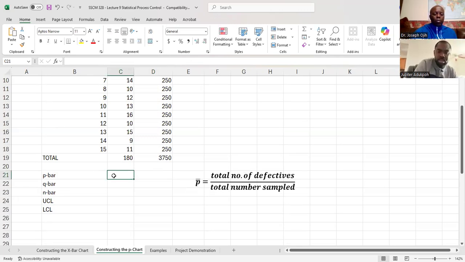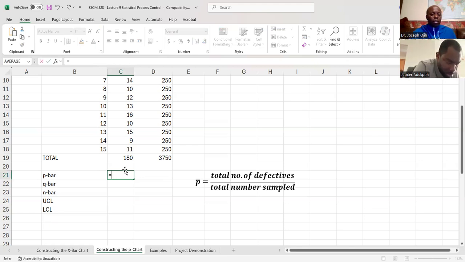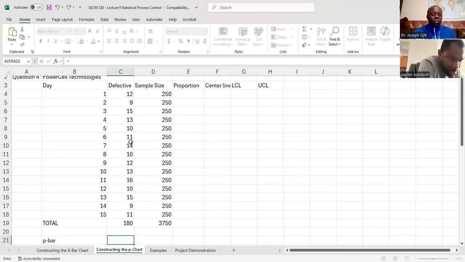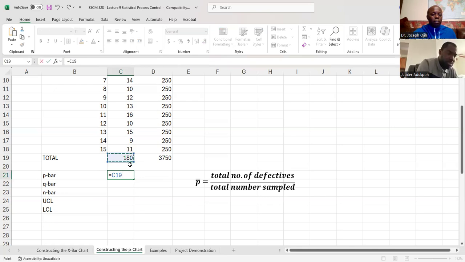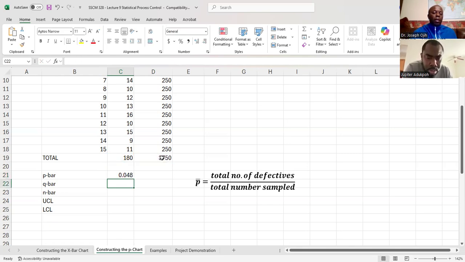Click here, put the equal sign. The total number of defectives is 180, divided by the total number sampled, which is 3,750. Then press the enter key to give you the P bar, 0.048. If it's not in 3 decimal places, change it to 3 decimal places.